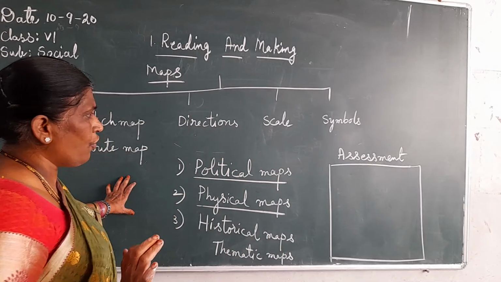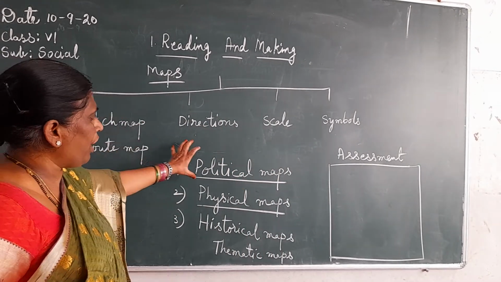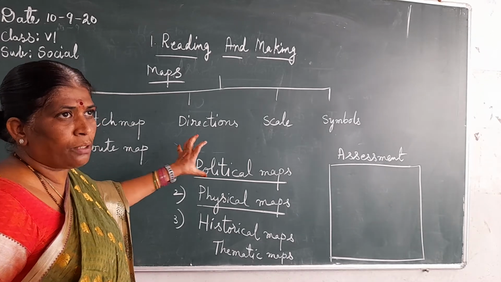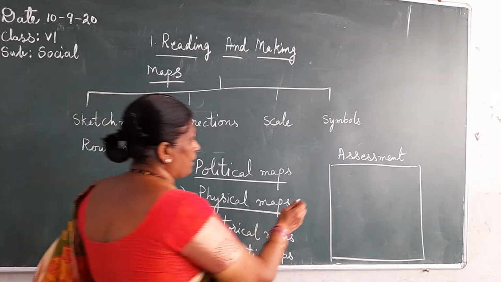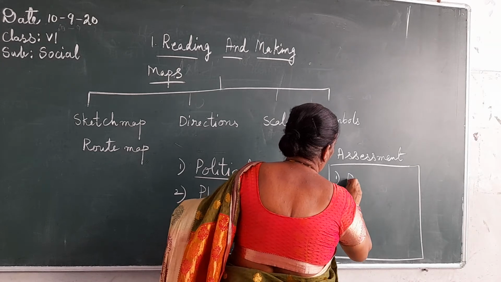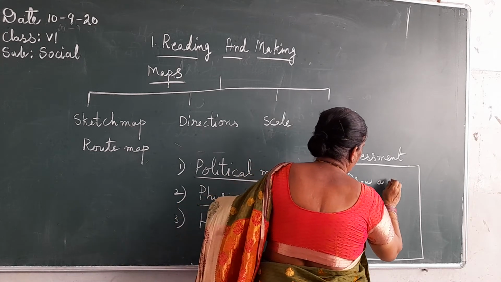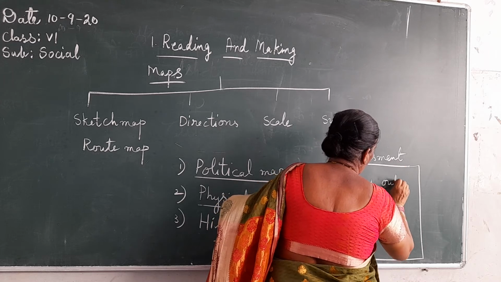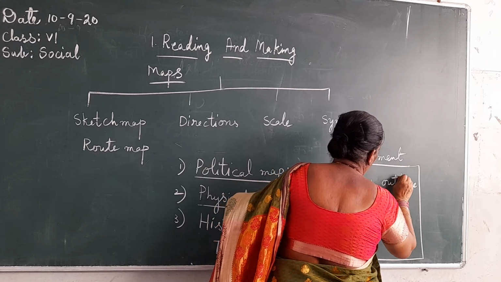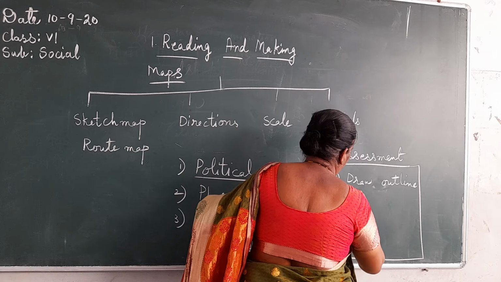Now you have known about the political map, and on that map I am going to give the homework. First homework is to draw the outline of the Telangana map.